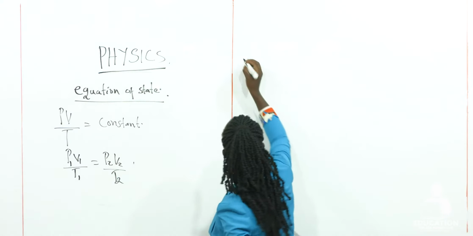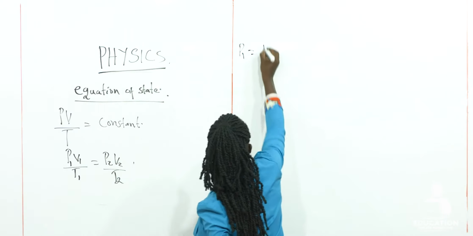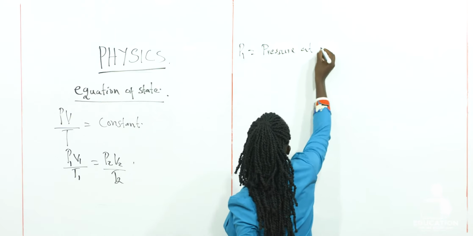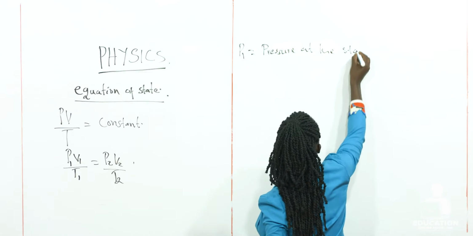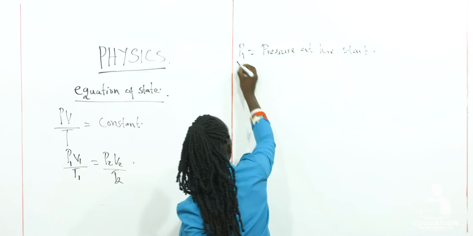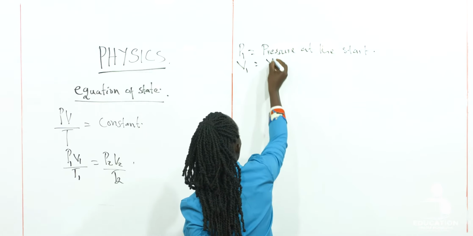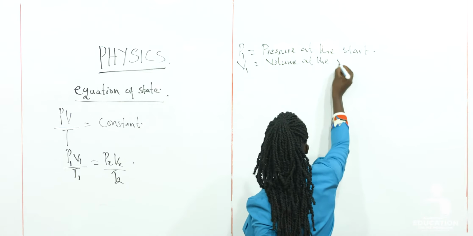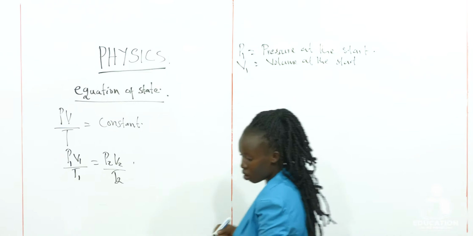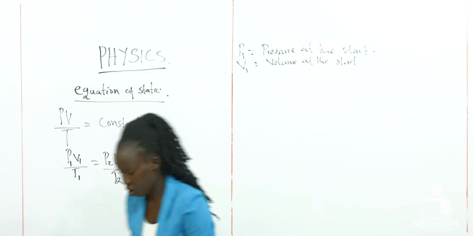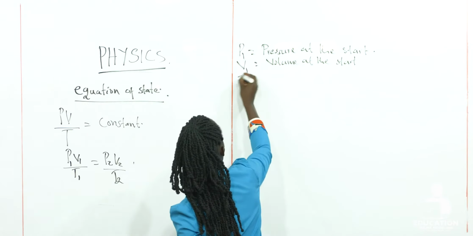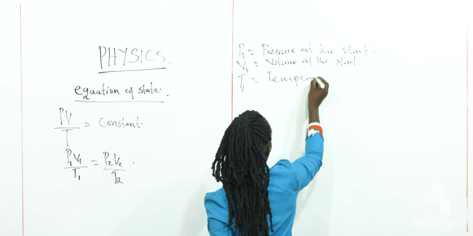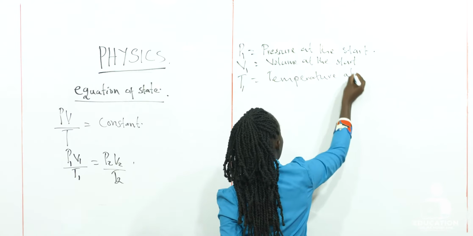If you look at that, the P1 becomes the pressure at the start, likewise V1 is the volume at the start, and T1 stands for the temperature at the start.